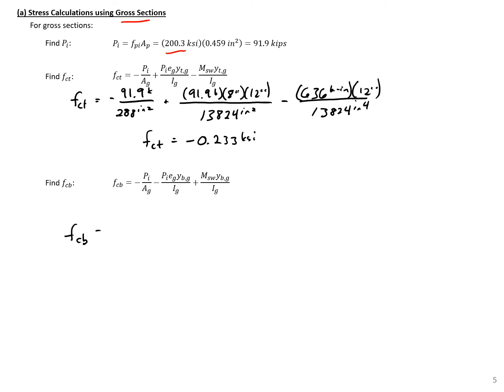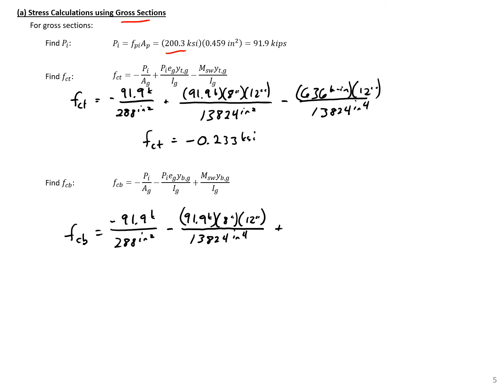We can do the same thing with our bottom fiber. The strands are still causing compression in the bottom fiber, so we still have a negative 91.9 kips divided by 288. The eccentricity of the strands is causing compression in the bottom fiber, so we'll have a minus sign there: 91.9 times 8 times 12 inches, still the distance from the centroid to the bottom for our gross section, divided by 13,824 inches to the fourth.